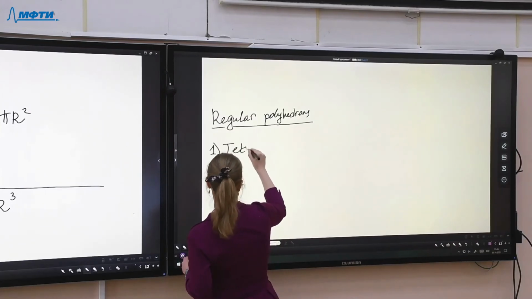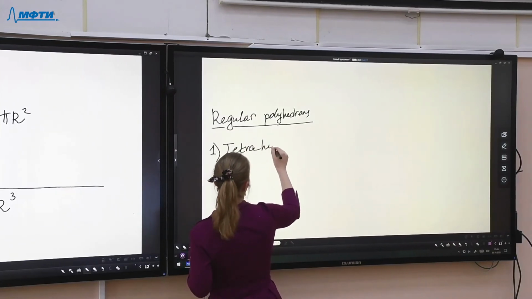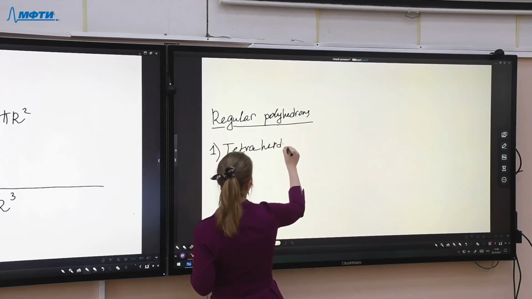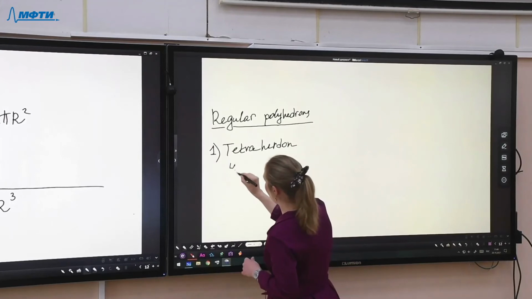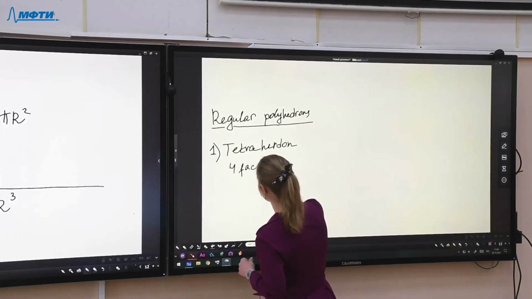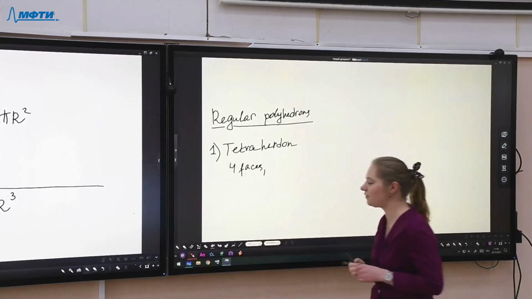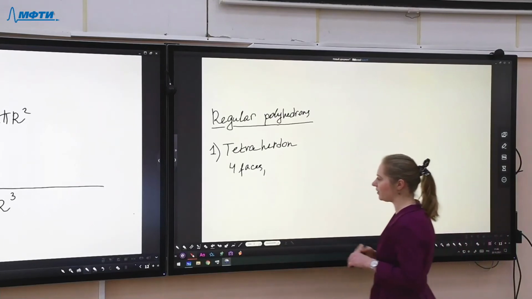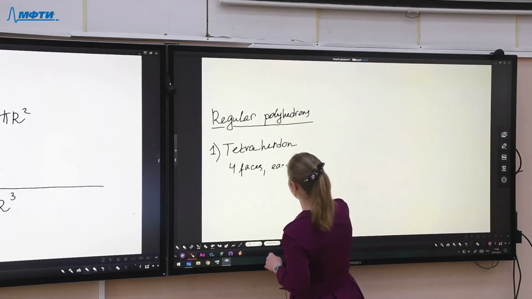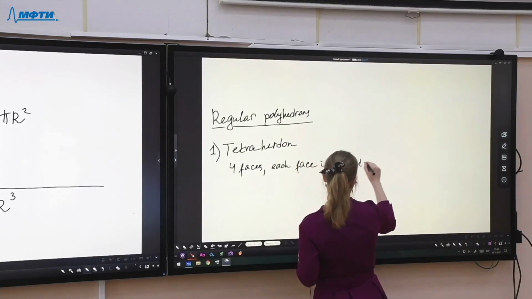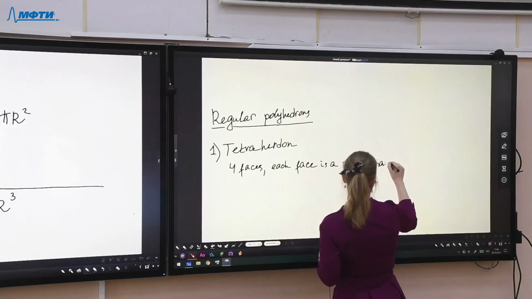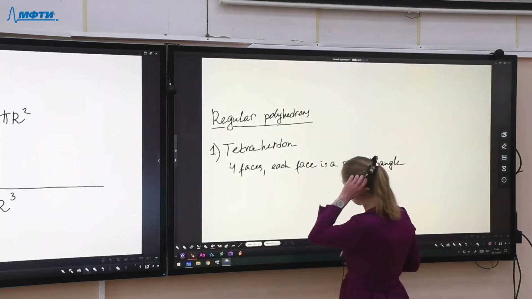tetrahedron. Tetra means 4. So we have 4 faces. And each face is a regular triangle. Well, let's draw it.